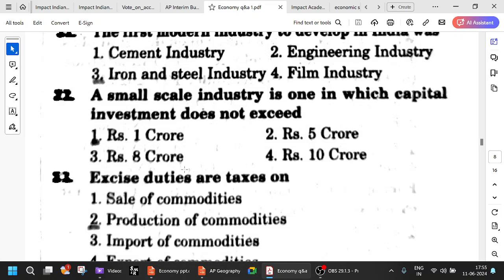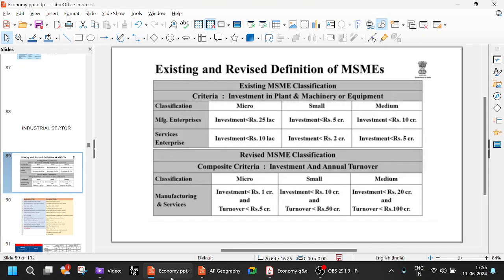He is saying 1 crore, so he is not really talking about small, because 1 crore is basically a micro company. But if you correctly look at this classification, this is what you should remember. For a micro company, it is 1 crore. Small scale industry is 10 crore. Medium is 20 crore. If it is more than 20, then it becomes a large industry.